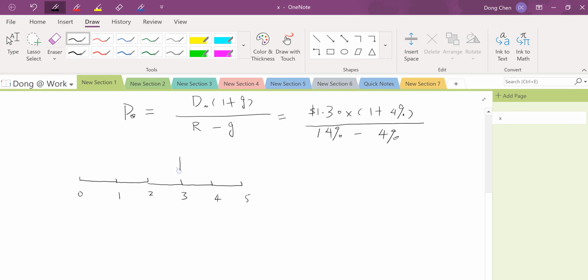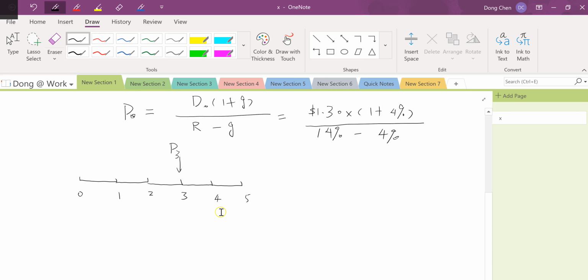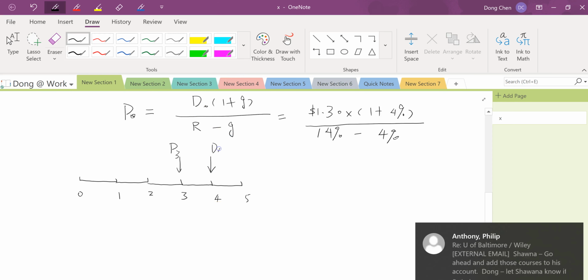So it's asking now, what is this P3? Because it's asking what is the expected stock price in 3 years. So basically it's asking that. And we know that when we stand here, our first dividend will be D4 and second one will be D5.